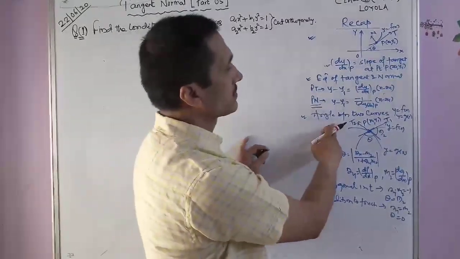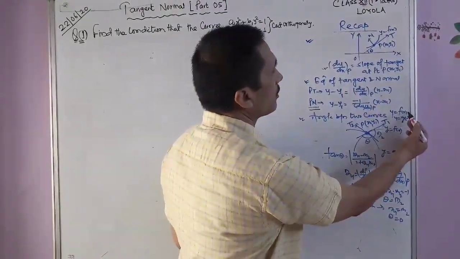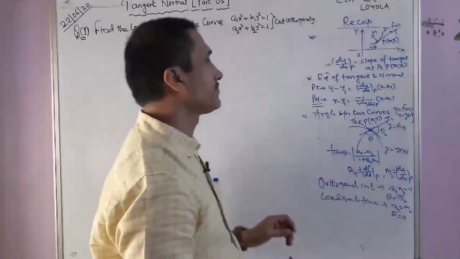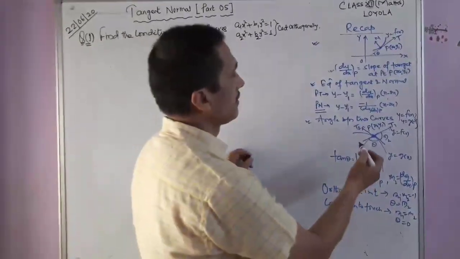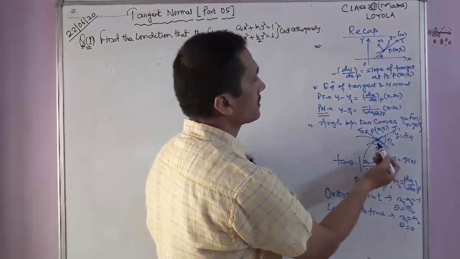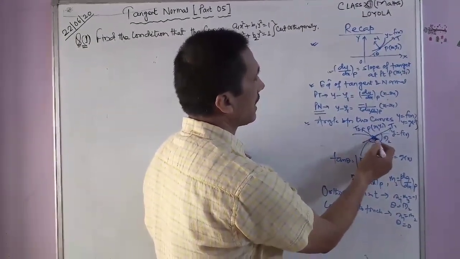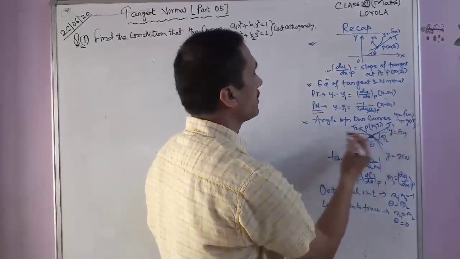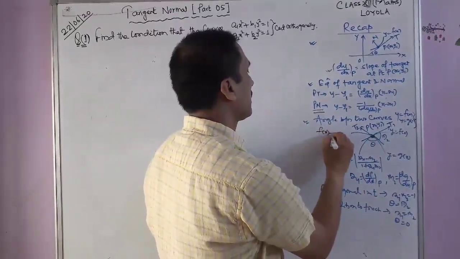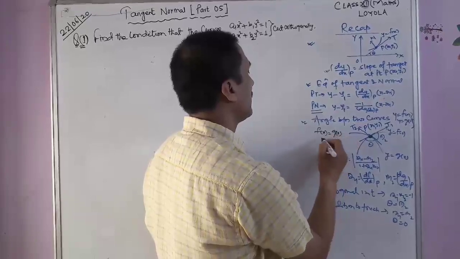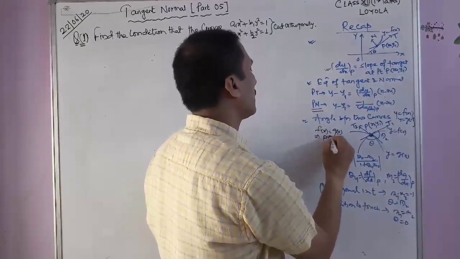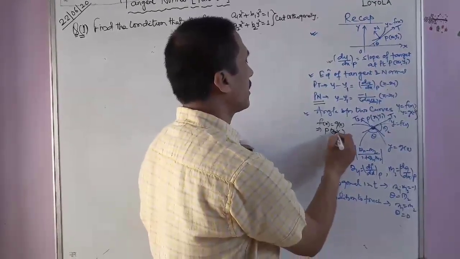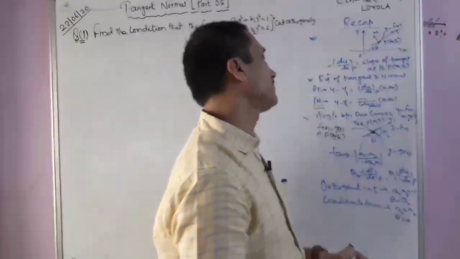Angle between two curves. Here y equal to f(x) and y equal to g(x) are two given curves. Let these two curves intersect each other at point P. First of all, we solve the curves f(x) equal to g(x) and find the point of intersection P, with coordinates (x1, y1).